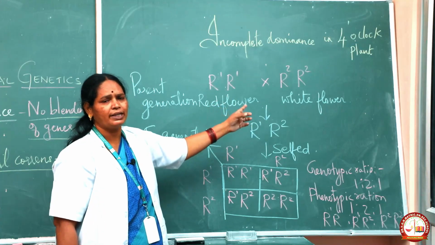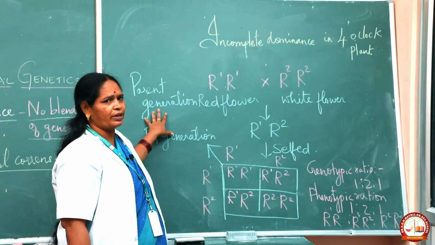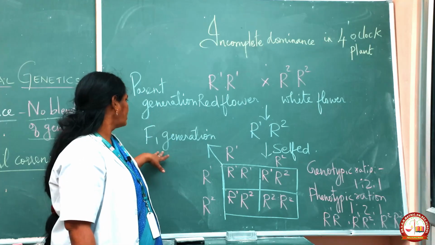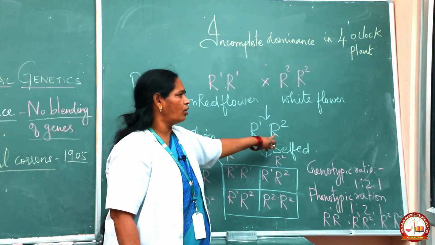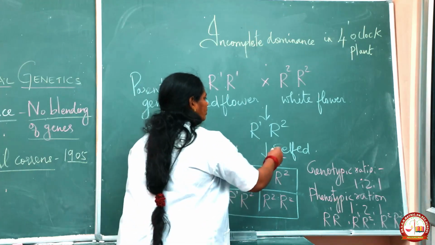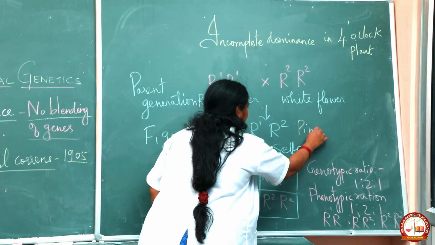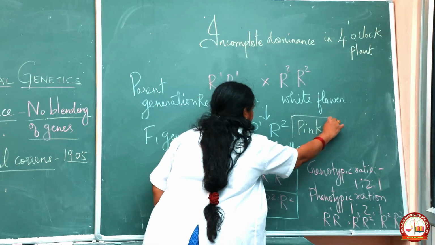Both homozygous parents are crossed together. In the F1 generation, we get what? R1R2, a heterozygote, which yields the color pink. This is very, very important.